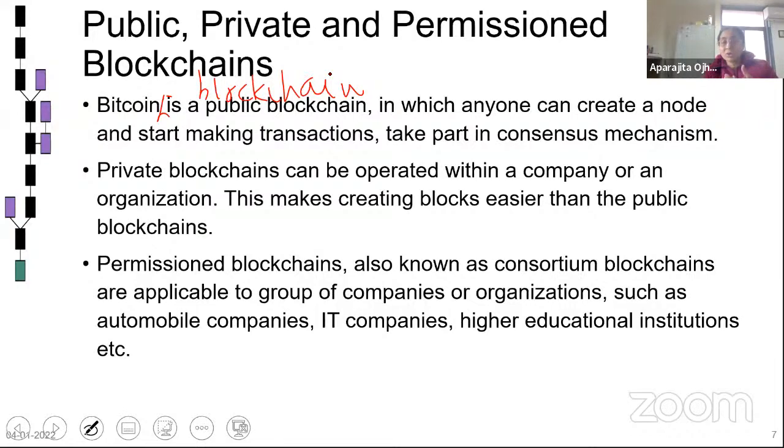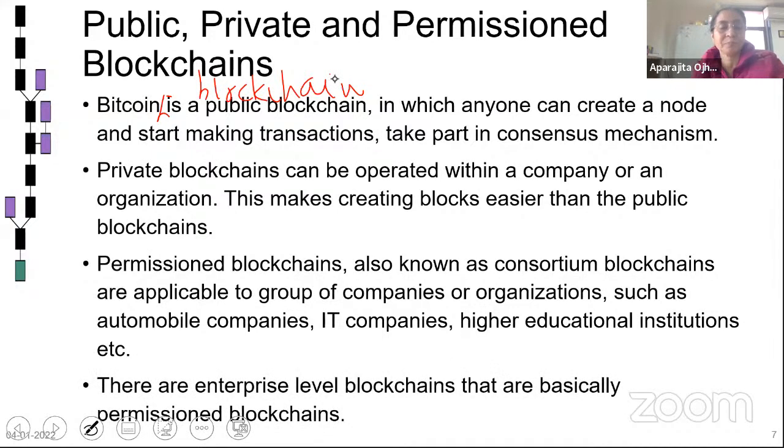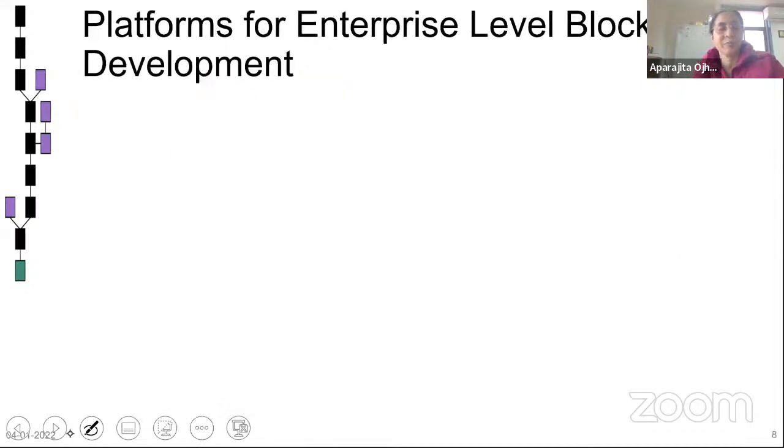Like here for blockchain development, several companies have come out and joined hands to create different technologies by using blockchain as the backend technology. So there are enterprise level blockchains that are basically permission blockchains, and their members are organizations which are enterprises.